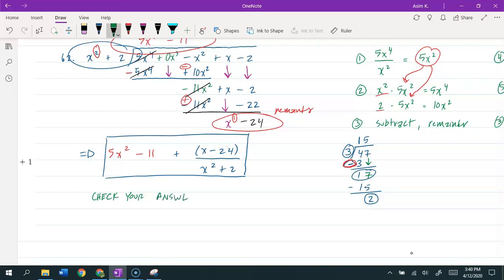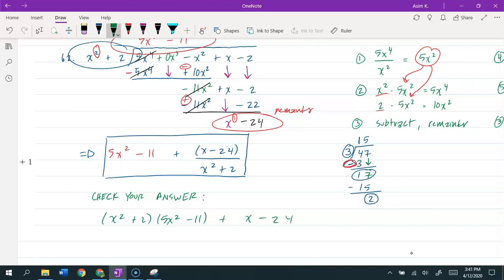So the way that you check your answer in this situation is the following. You take the x squared plus 2 and you multiply it by the 5x squared minus 11, and you add that to x minus 24.